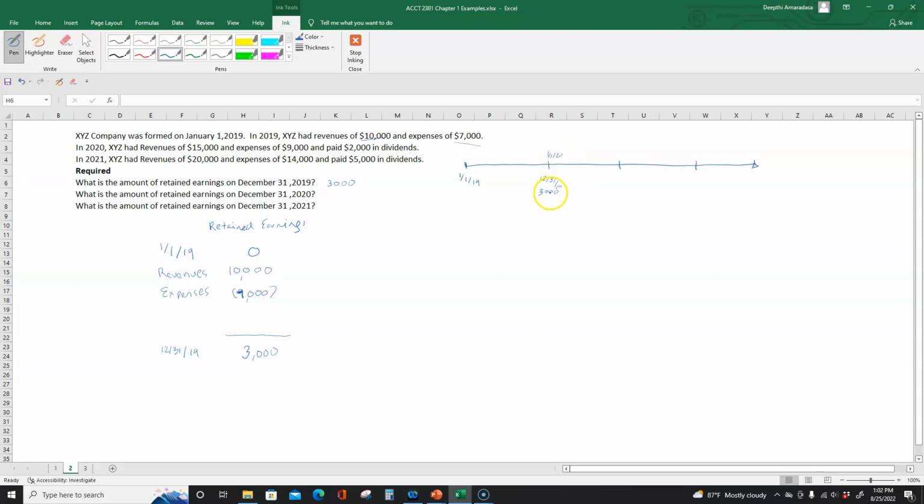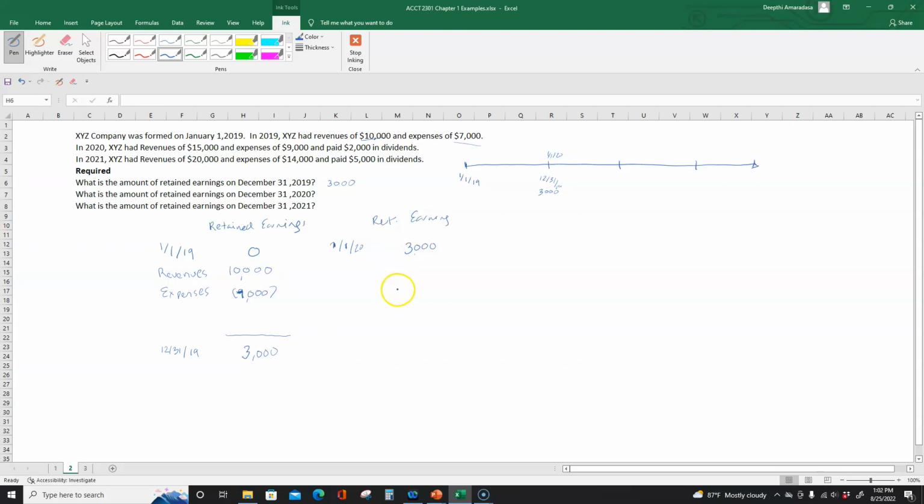If we ended December 31st, 2019 with $3,000 of retained earnings, we began the year 2020 with $3,000 of retained earnings. So on January 1st, 2020, the beginning retained earnings is $3,000.